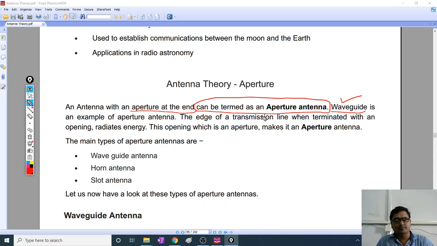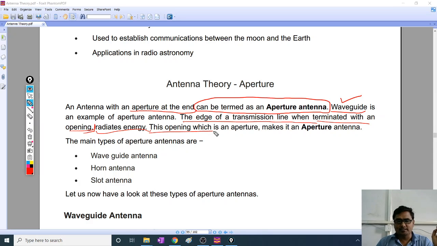So the best example of an aperture antenna is a waveguide which has a nice surface area. When the edge of a transmission line is terminated with an opening area, it can radiate the energy, and that's why I am treating the waveguide as an antenna.